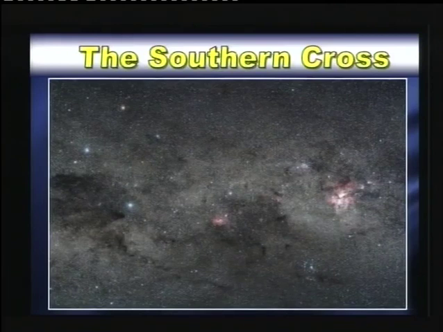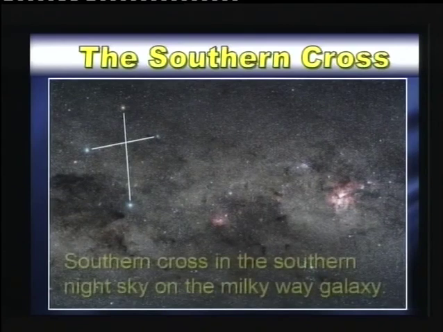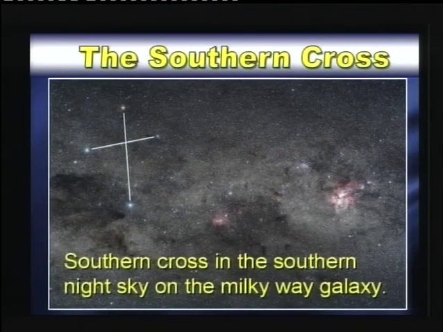That is only part of the galaxy shown in the picture. There is also, in the far left corner, the Southern Cross, you will see. So our first picture here is the Southern Cross.